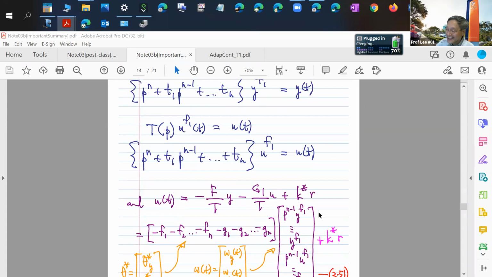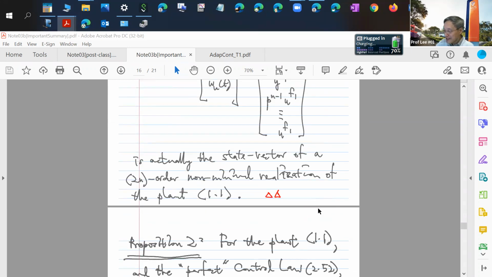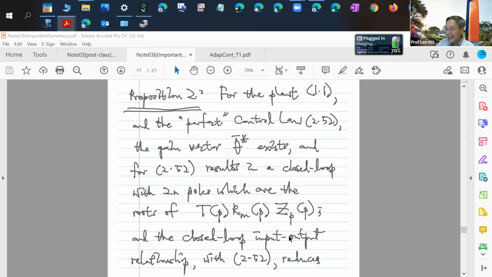This is answered by the second important result, proposition 2: if you want to find where the 2n order poles are, they are all there. They are at the location of TP, which to begin with was the state variable filter 1 over T polynomial you chose.